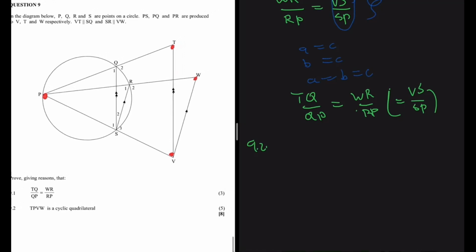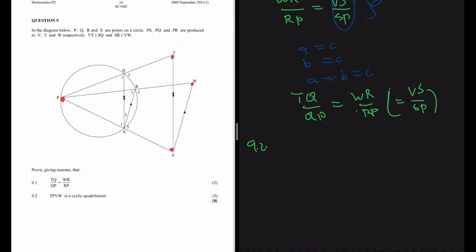So it's a cyclic quadrilateral if those four corners can lie on the circumference of a circle, right? So we must be able to draw a circle around TPVW, with the four points lying on the circle. So let's just construct a circle. It's not really clean, but this is essentially what we are saying when we say that TPVW is a cyclic quadrilateral. We should be able to construct a circle around TPVW, and all the points lie on the circumference.